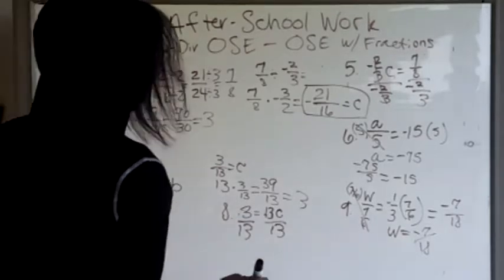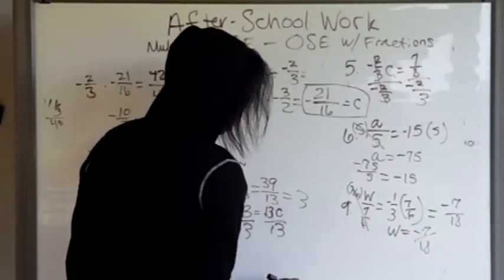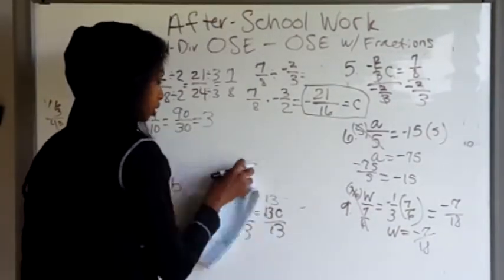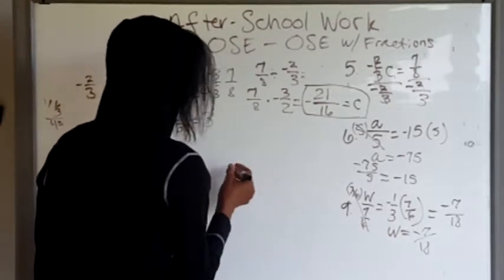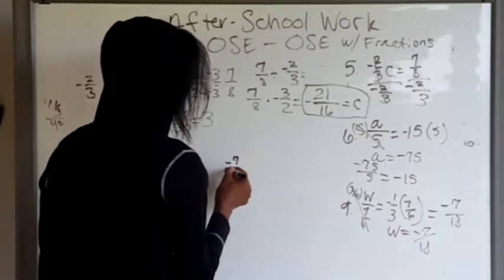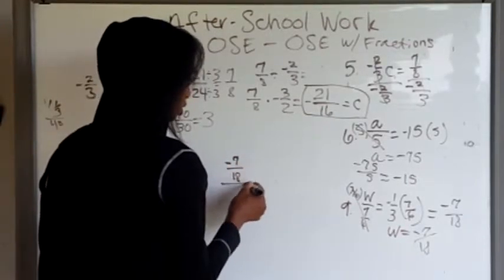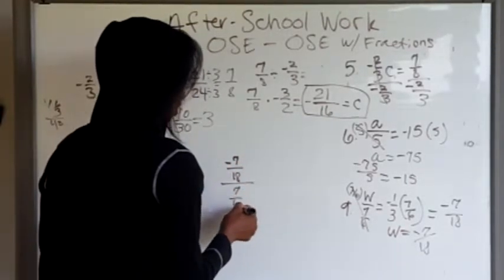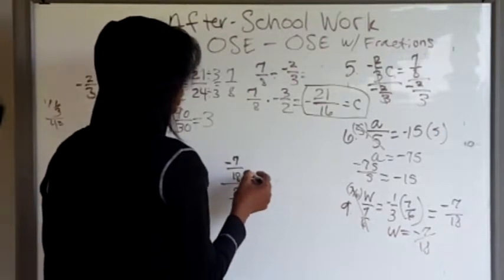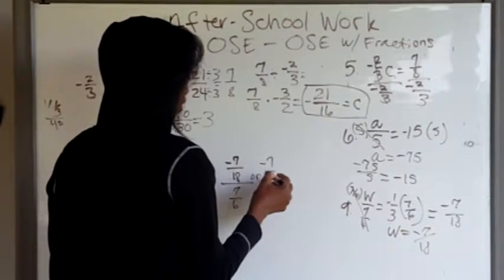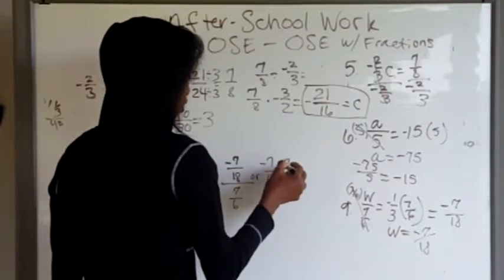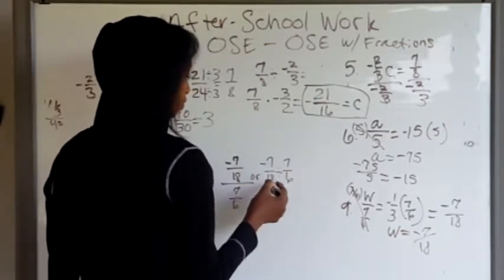So we plug that in, we have negative 7/18 divided by 7/6.